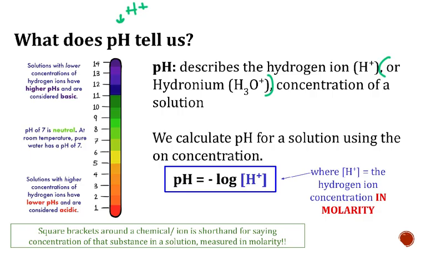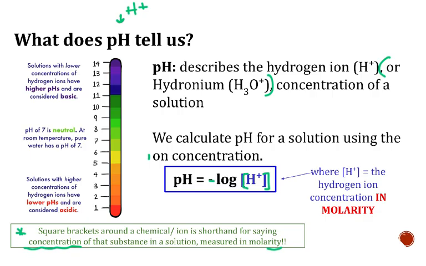So we calculate pH for a solution using the ion concentration. pH is going to equal the negative log of our concentration of hydrogen ions, [H+]. Square brackets around a chemical or an ion is shorthand for saying the concentration of that substance in a solution, so we don't have to write out concentration.